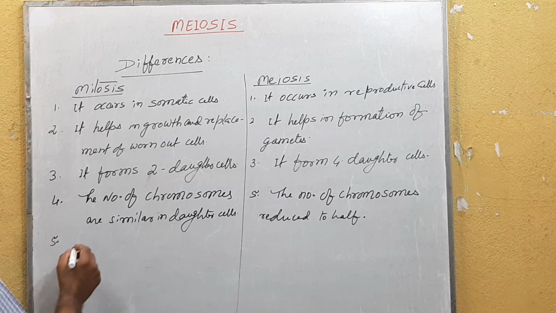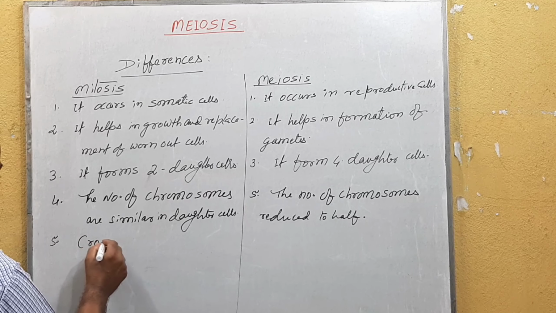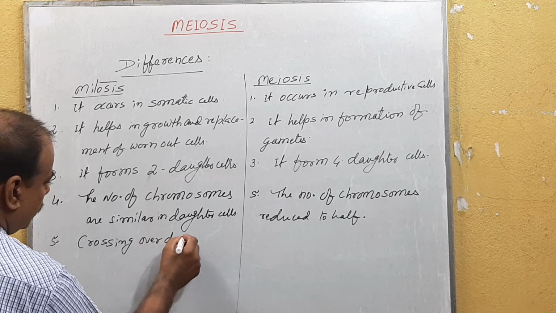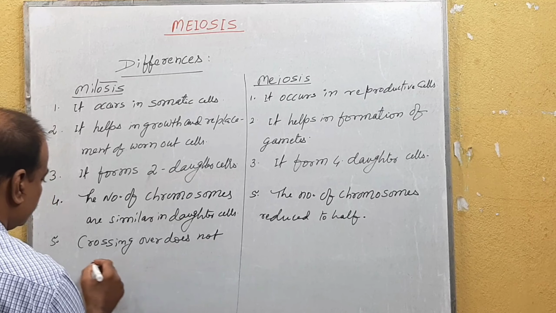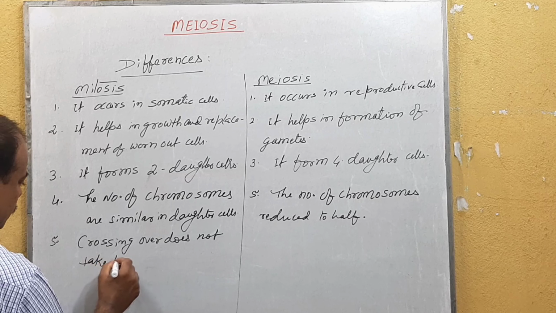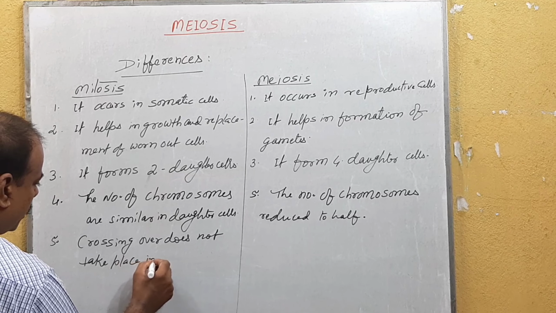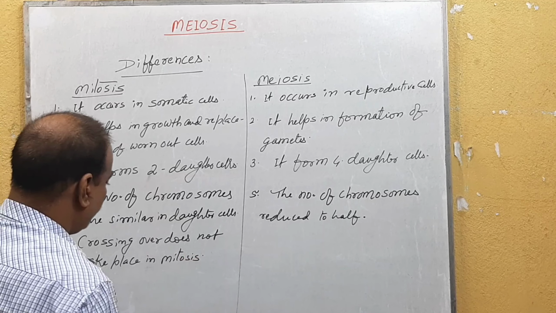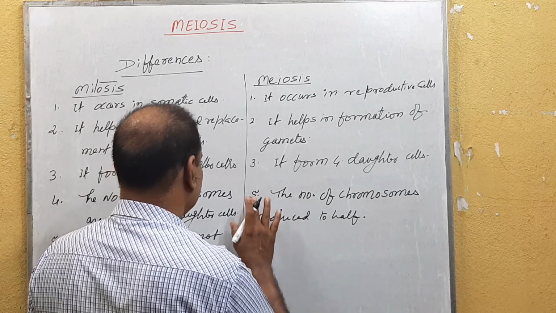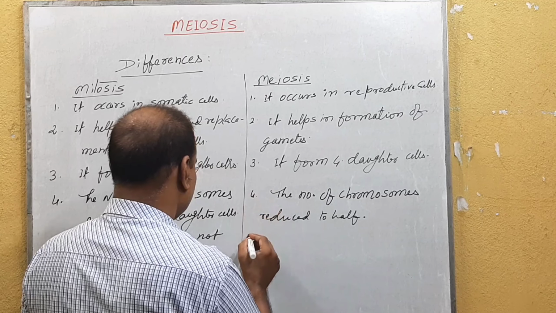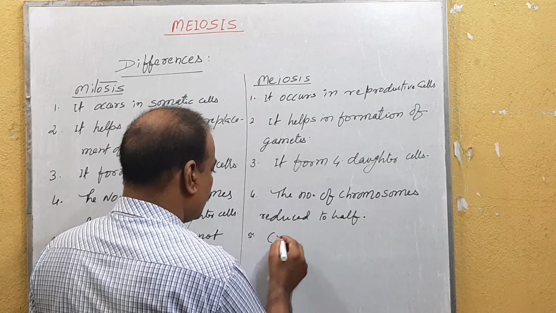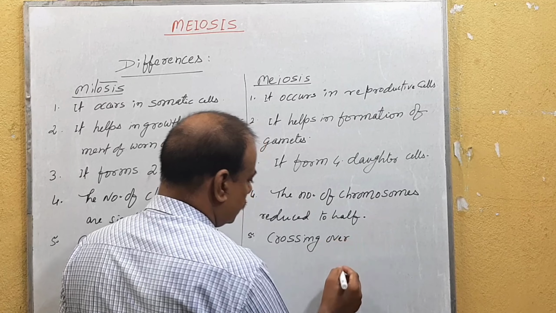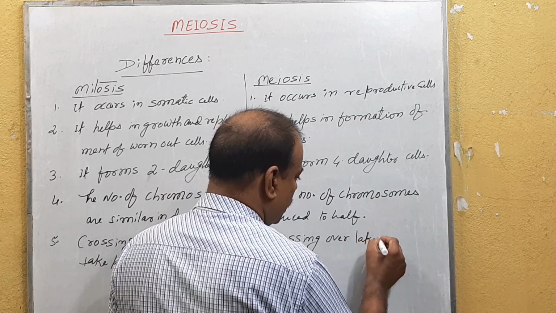Number 5, crossing over does not take place in mitosis, whereas crossing over takes place in meiosis.